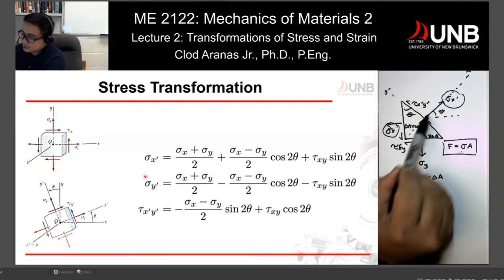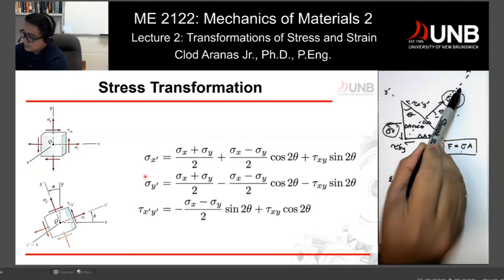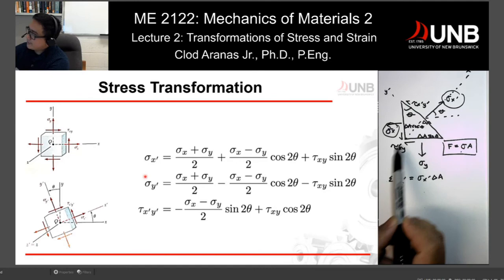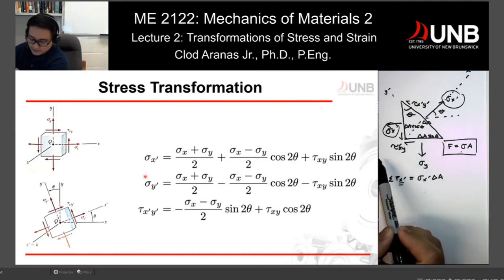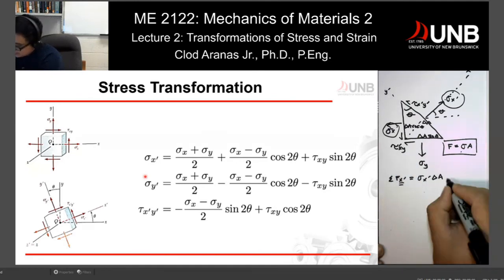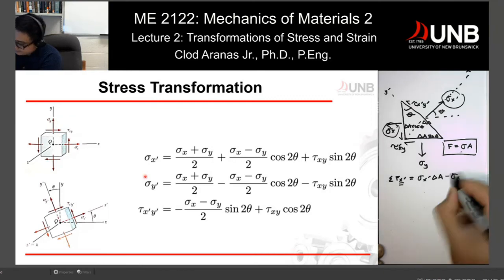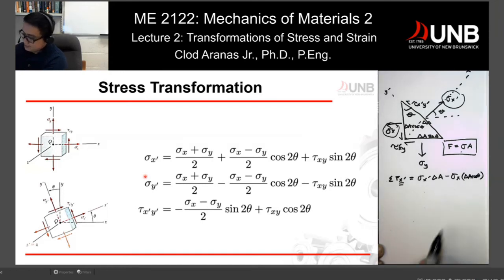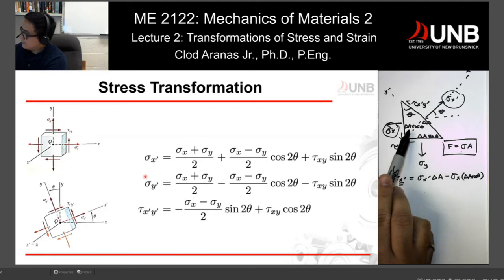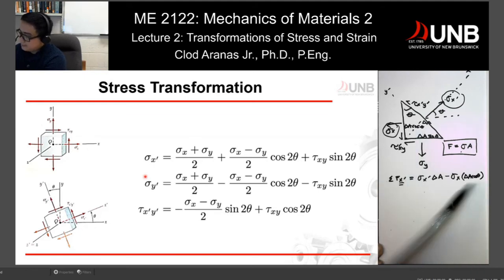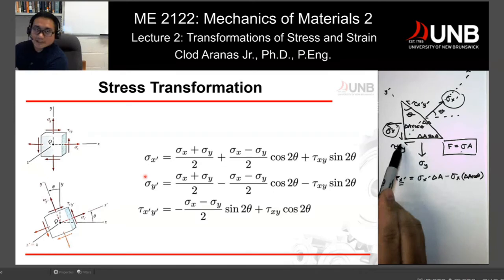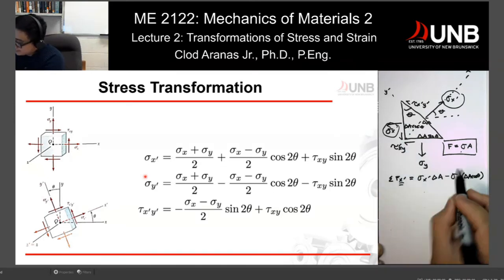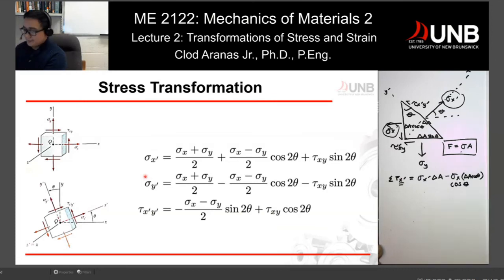If we assume that's our positive direction, this is pointing towards the negative direction in our x prime, which means this would be a negative sigma x, and then we have our area, delta A cosine theta. That's the area right here, and it's not yet aligned to your x prime, so you have to multiply it by the cosine of the angle.